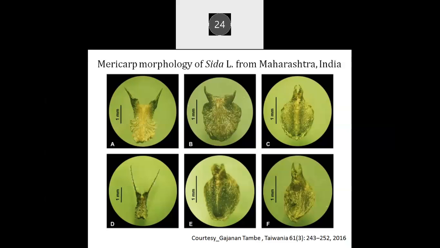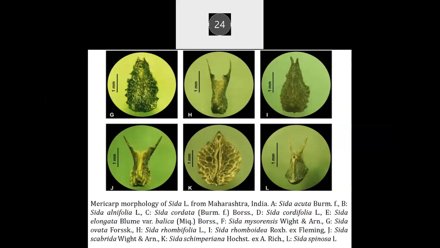In that case, you have to dissect the fruits to get the mericarp. These are the mericarp structures from different Sida species, and I would like to acknowledge Dr. Tambe sir, who permitted me to use this slide for my presentation.